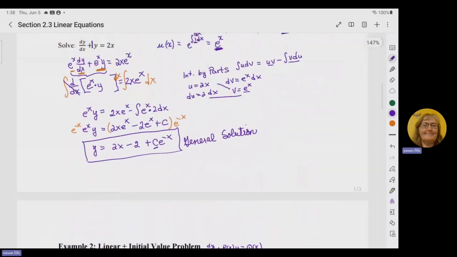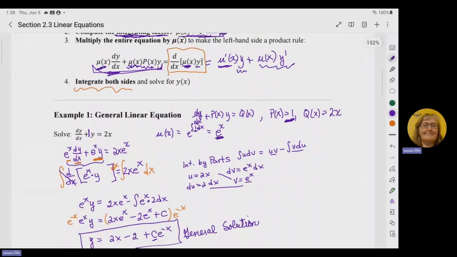And that's my particular solution. So there's two examples on how to solve linear equations. Anytime you have a first order linear equation, you would basically solve it the same way, introducing an integrating factor.